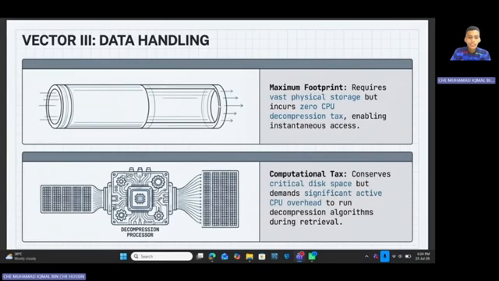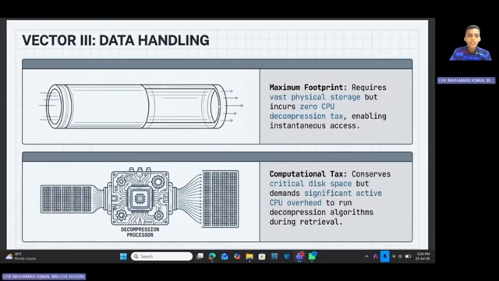Compression access converts computational tax to save disk space but demands significant CPU overhead to run decompression algorithms during retrieval.